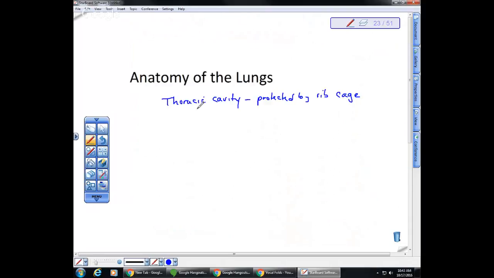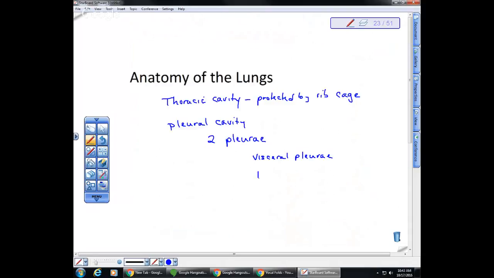And so we call this the pleural membrane or the pleural cavity. So there's actually two pleurae. So like the heart has a pericardium around it, right, with a pericardial cavity, the lungs have a pleura around them.